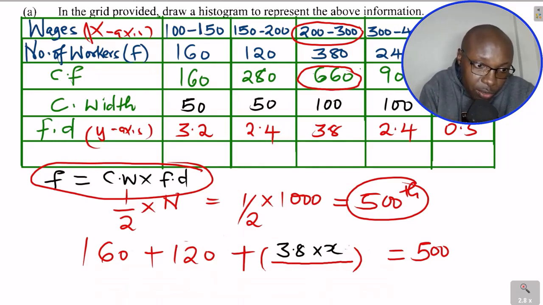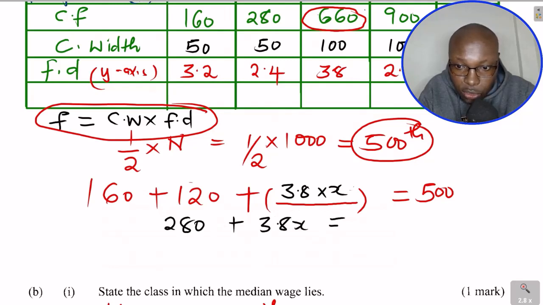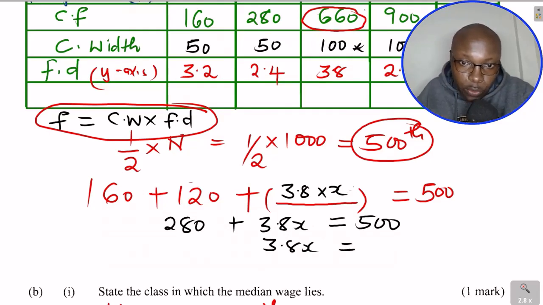So very fast we do this. 160 plus 120, you get 280, plus 3.8x is equal to 500. So 3.8x is equal to, x is the class width. Don't forget that.